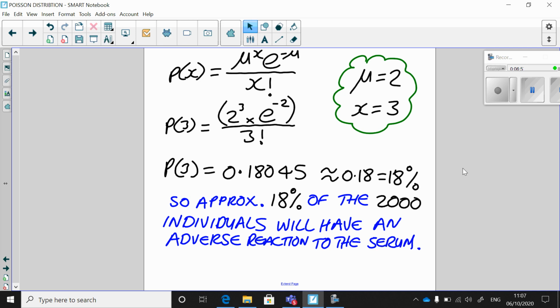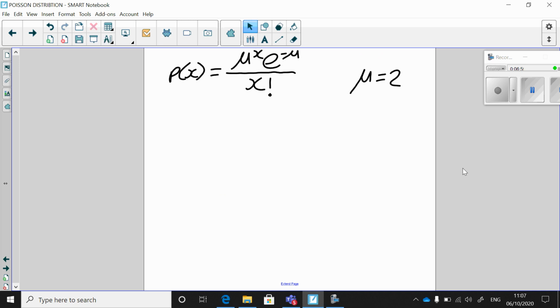Are we going to go for part B? Part B, the mean's going to stay the same. But we said it was greater than 2. So greater than 2, what does that mean? Well, greater than 2 does not include 2, so we need to be careful here.